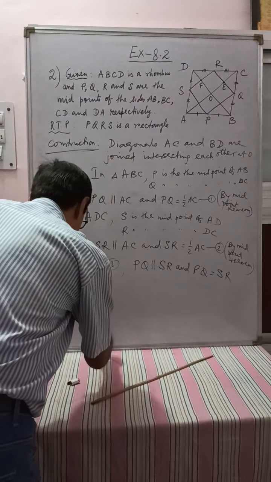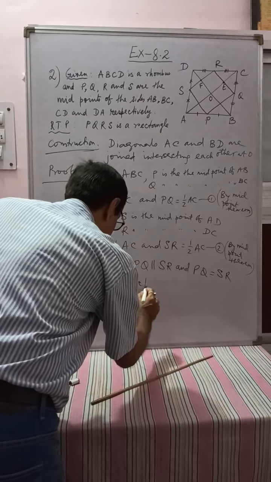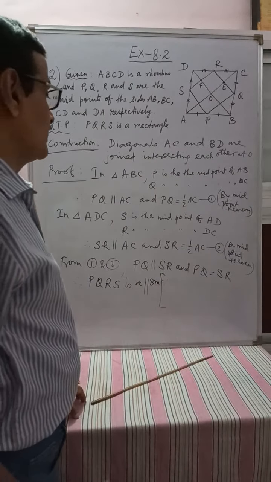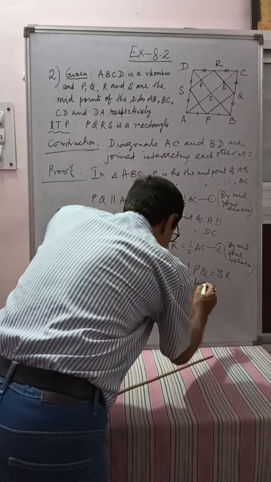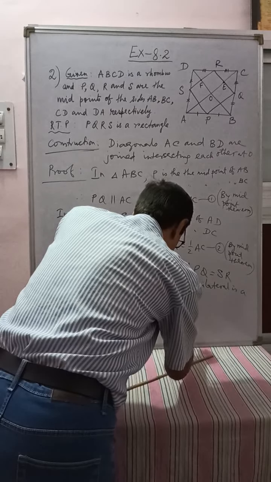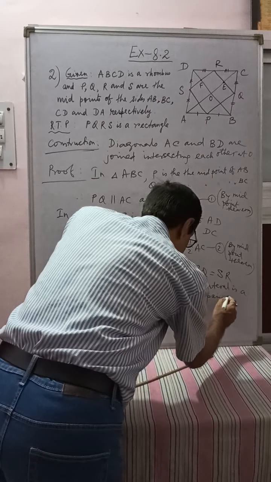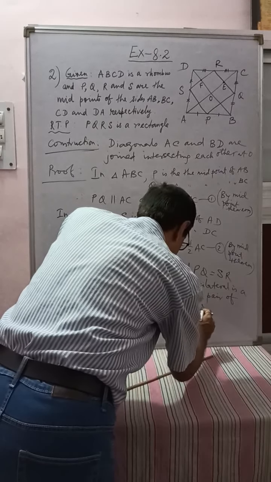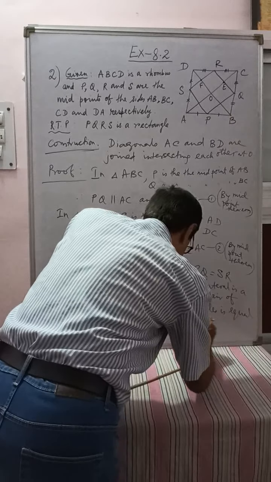That means PQRS is a parallelogram, because we know a quadrilateral is a parallelogram if a pair of opposite sides is equal and parallel.